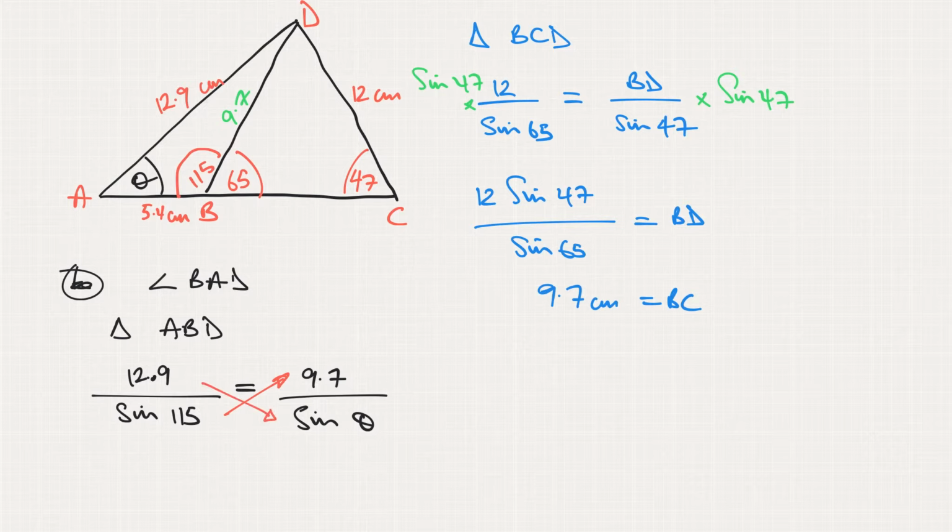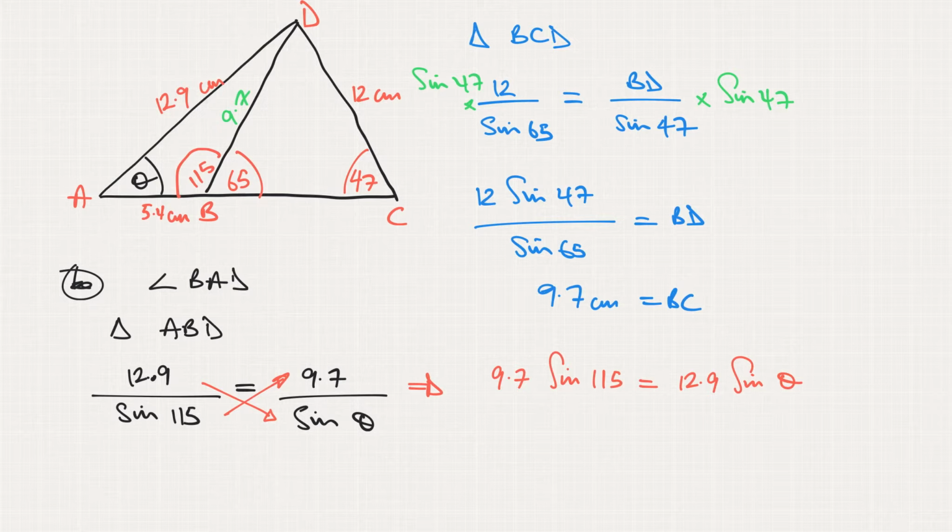which will then give us, once we rearrange that, let's put it on this side over here, 9.7 sine 115 is equal to 12.9 sine the missing angle theta that we're looking for. And then now, because we just want the angle, we will get rid of that 12.9 by dividing by 12.9.